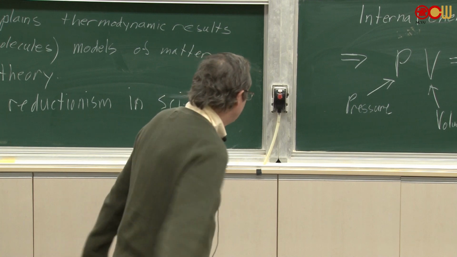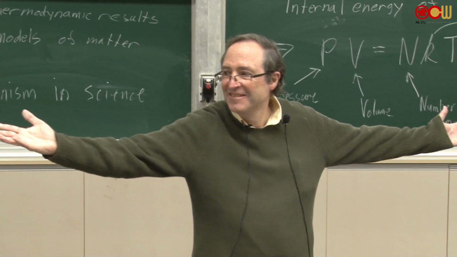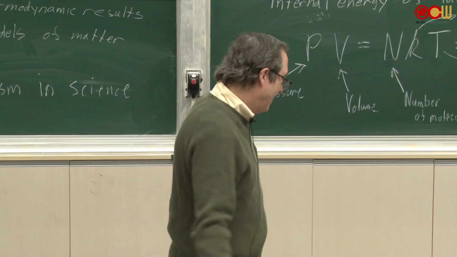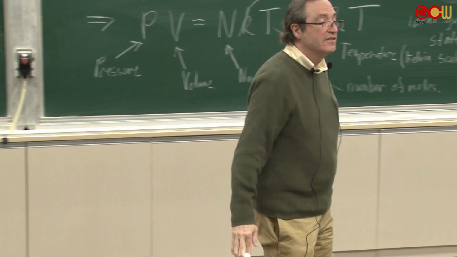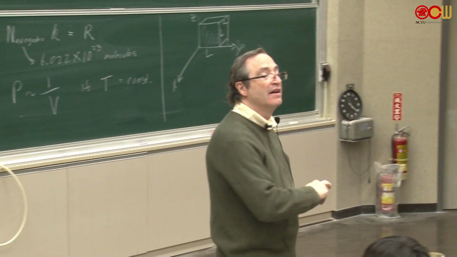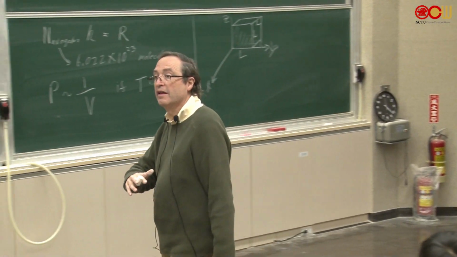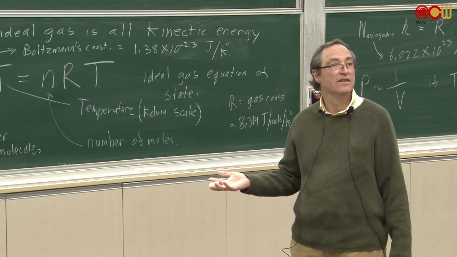Let me do an example. What happened? It bounces back. Let's assume, it's a pretty good assumption, that it bounces back. The angle of reflection equals the angle of incidence.